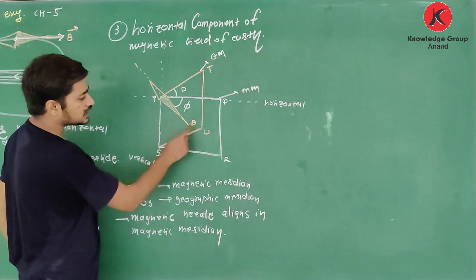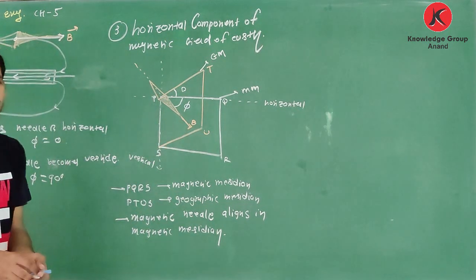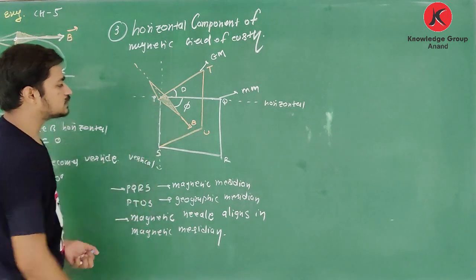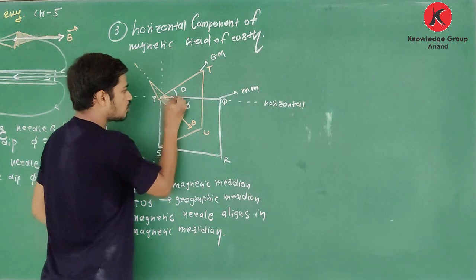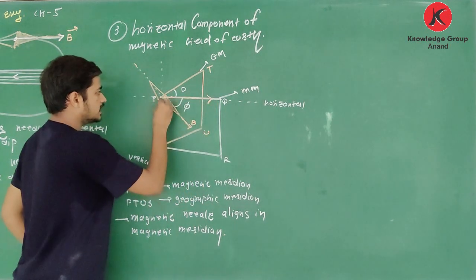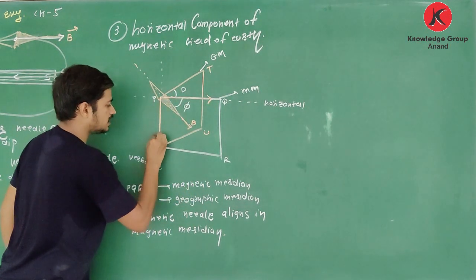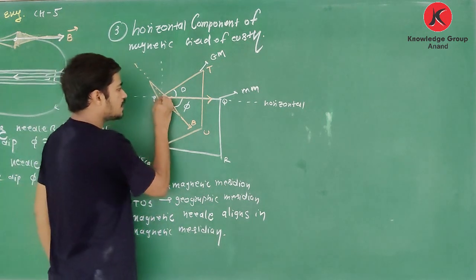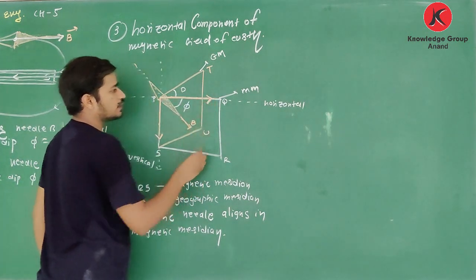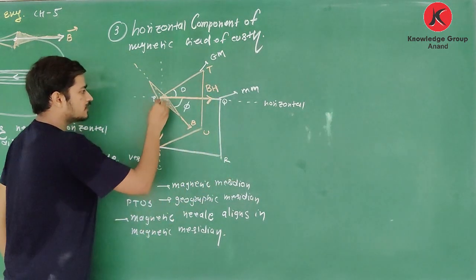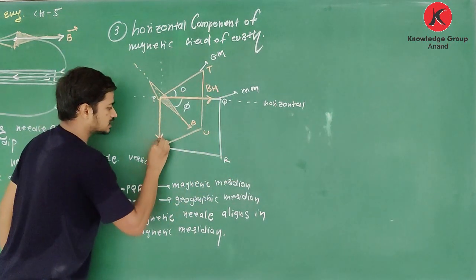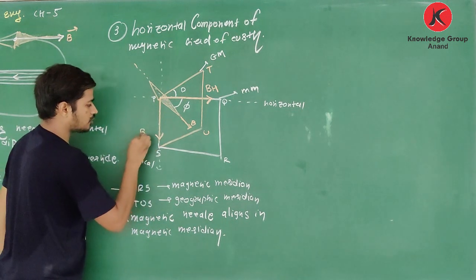If I resolve this magnetic field in two components, one component in the horizontal direction and another component in the vertical direction, this component of the magnetic field which is in the horizontal direction is called BH. This component which is in the vertical direction is called BV.